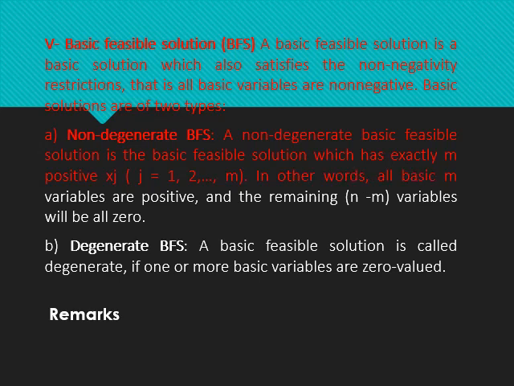Number 2, the degenerate BFS is a basic feasible solution if one or more basic variables are 0 valued. This is a degeneration.